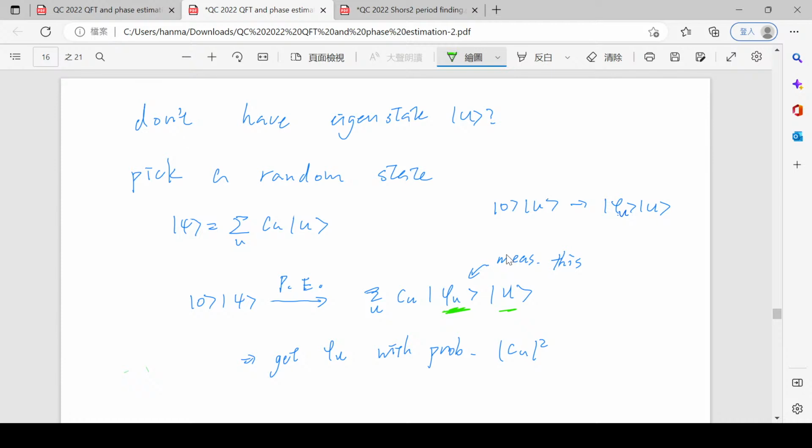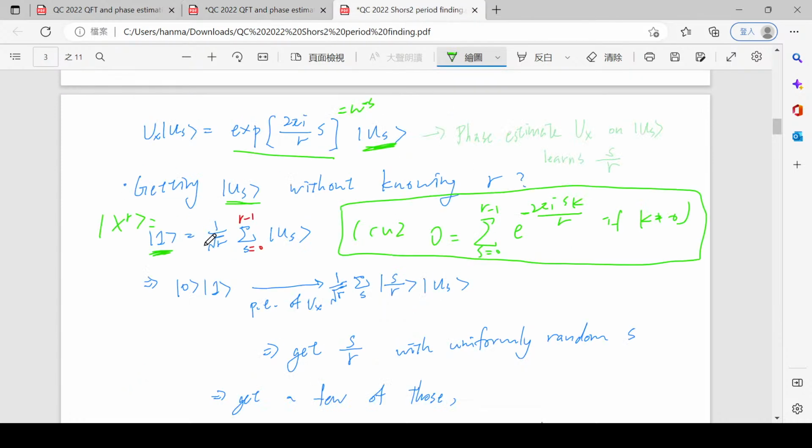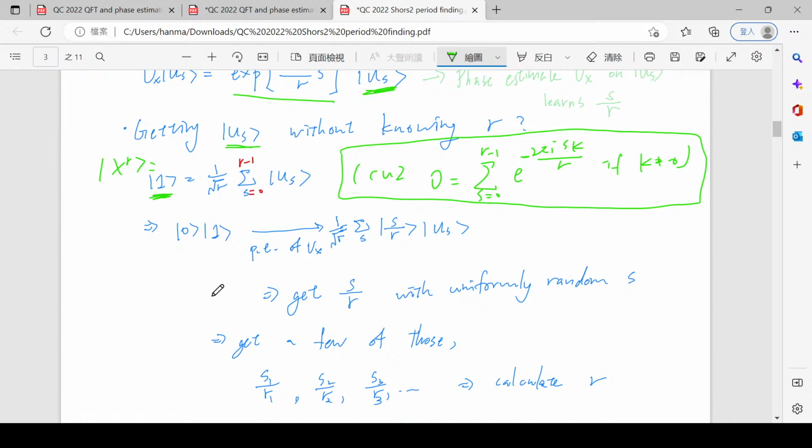This is exactly what happens, and the coefficient here is going to be uniformly distributed. So basically we are going to pick a random |u_s| with uniform distribution, and that's run through once again.